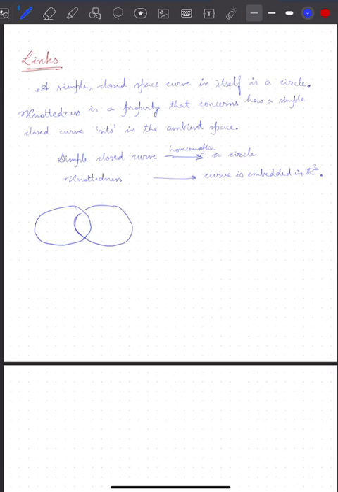So this is what seems to be a link. Something like this. So there is a linking. So this is curve 1 and this is curve 2.